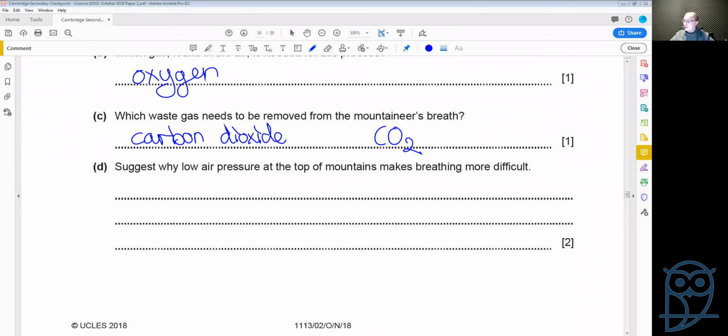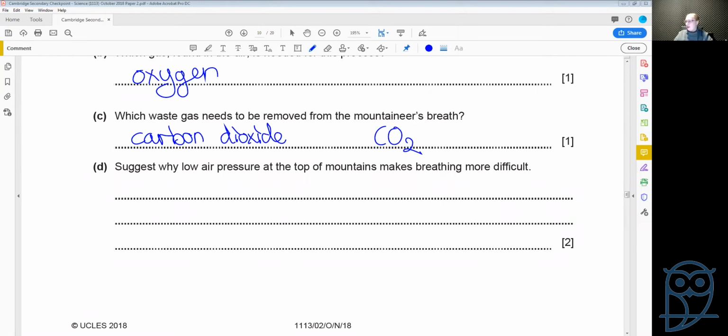There is a question. Do we always need a breathing apparatus when climbing a mountain? We don't necessarily always need a breathing apparatus when climbing a mountain. It's only if the mountain is especially high. So Mount Everest, you do need breathing apparatuses. There have been people who climbed it without them, but that was years ago and they actually suffered quite a bit of damage.